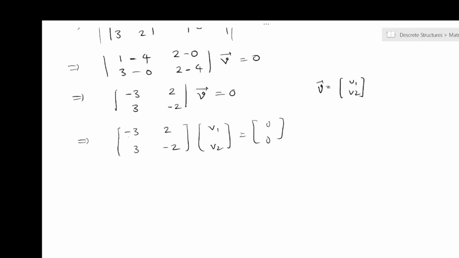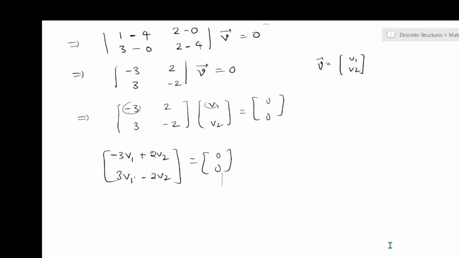Now just multiply: minus 3 v1 plus 2 v2, and 3 v1 minus 2 v2, and this is going to be equal to 0 0.